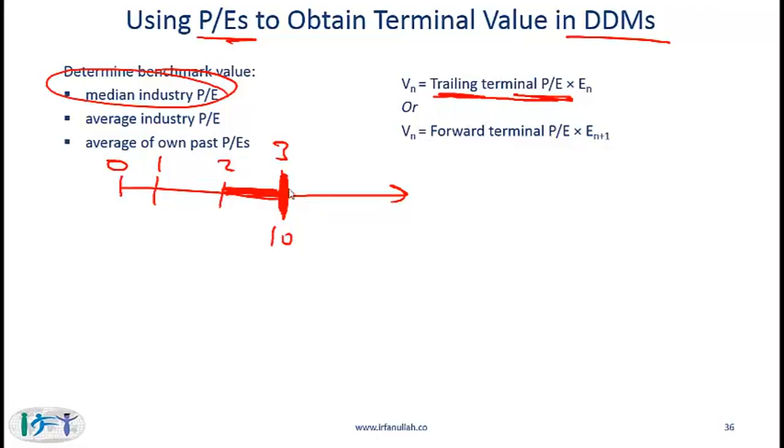Terminal because it's helping you come up with a terminal value. Trailing because relative to 3, you are taking a trailing PE. So obviously you will then multiply with EN. N in my example here is 3.